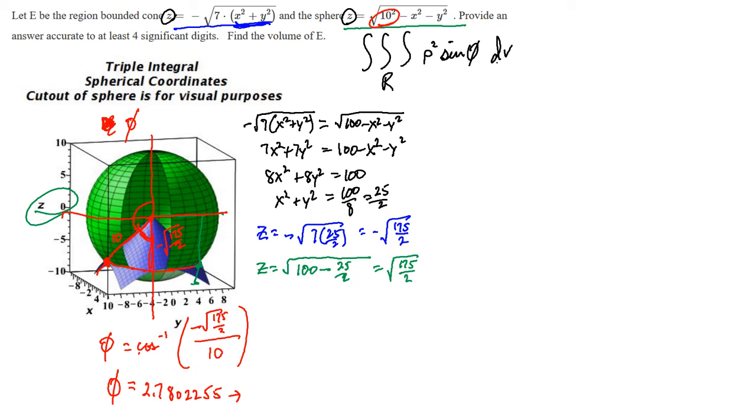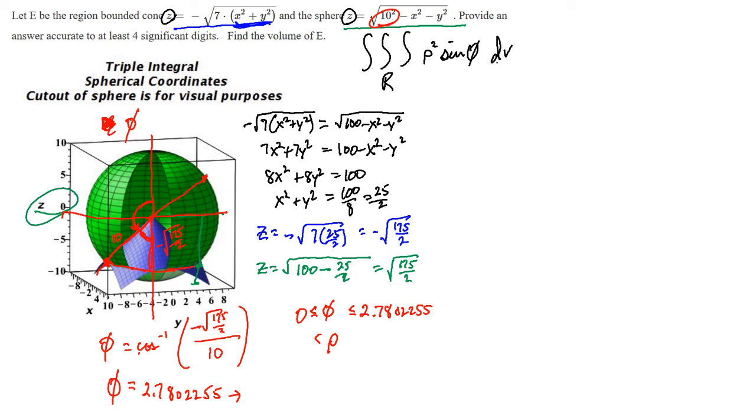So then we know that the values of phi that are coming out in between the green sphere and the blue cone, meaning the ones from here around to there, are going to be going from 0 to 2.78, etc. And we know that the rho is going from the center out to the edge of the green, which is 10.